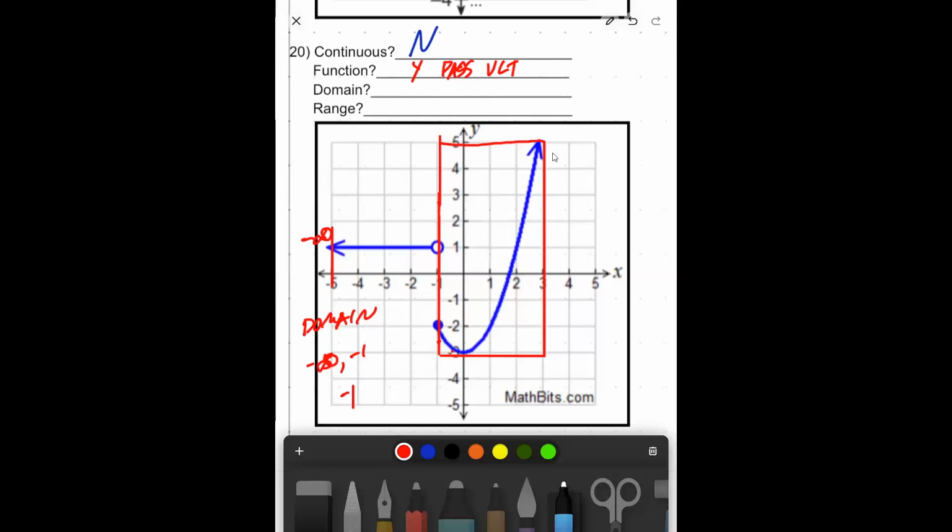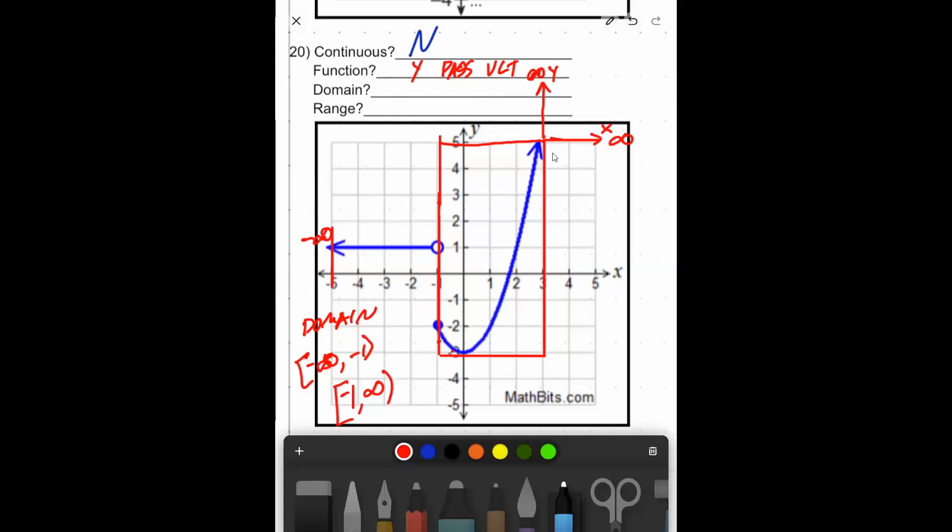And by the way, this arrow is going up in the y direction to infinity, and then it's also going out to the right in the x direction to infinity. So then, once we got that, this is going from negative infinity to -1, that's where the box starts, and it goes to positive infinity.